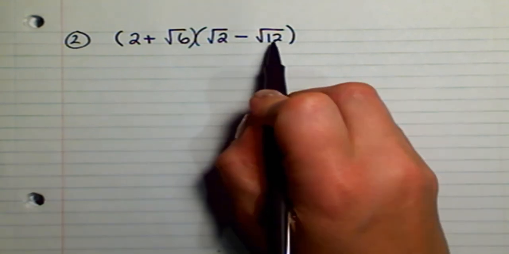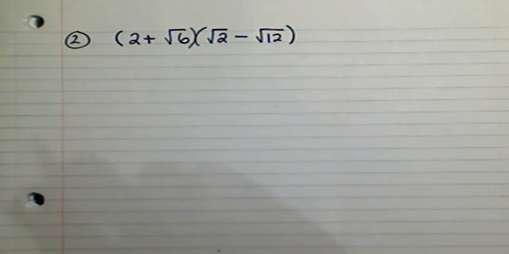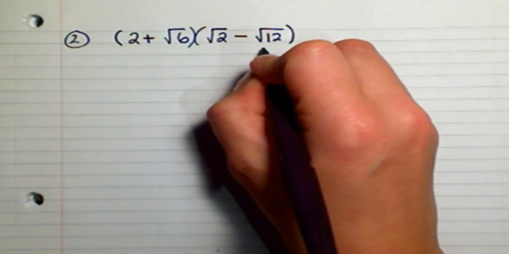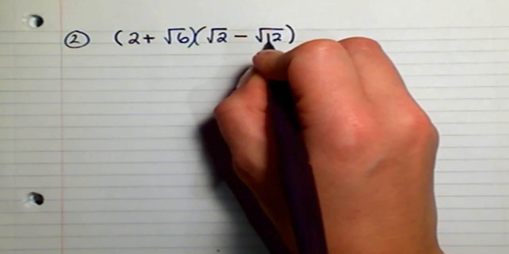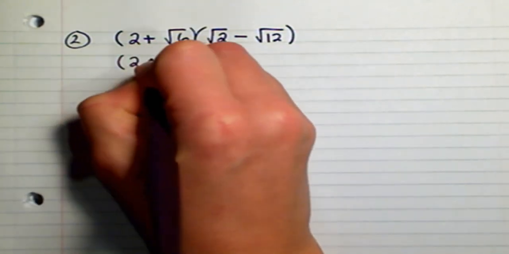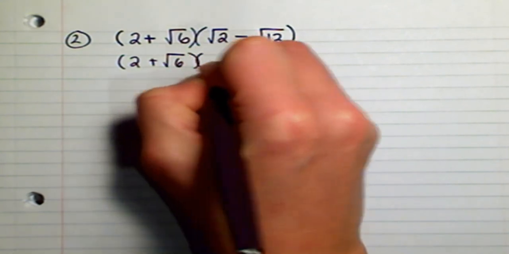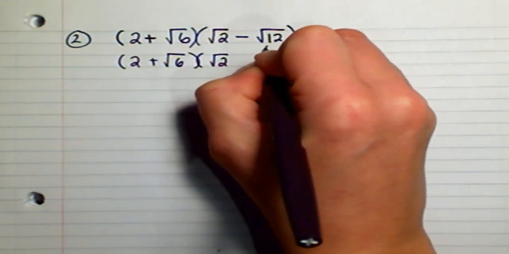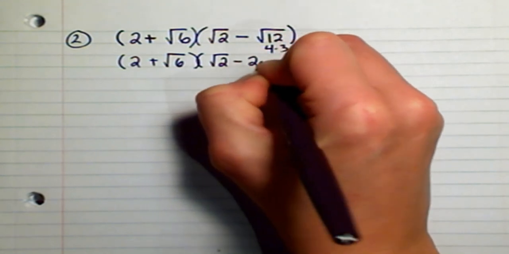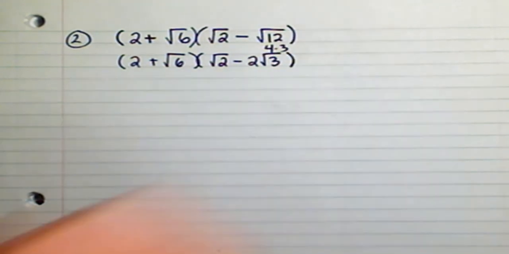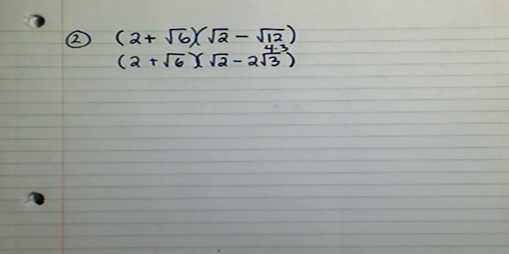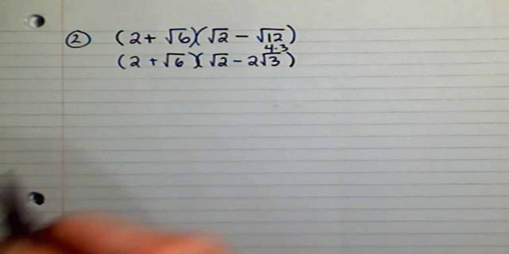I kind of think that root 12 simplifies because of the perfect square. And so you could simplify that first, right? You certainly could. So I'm going to rewrite this because I notice that 12 is 4 times 3.